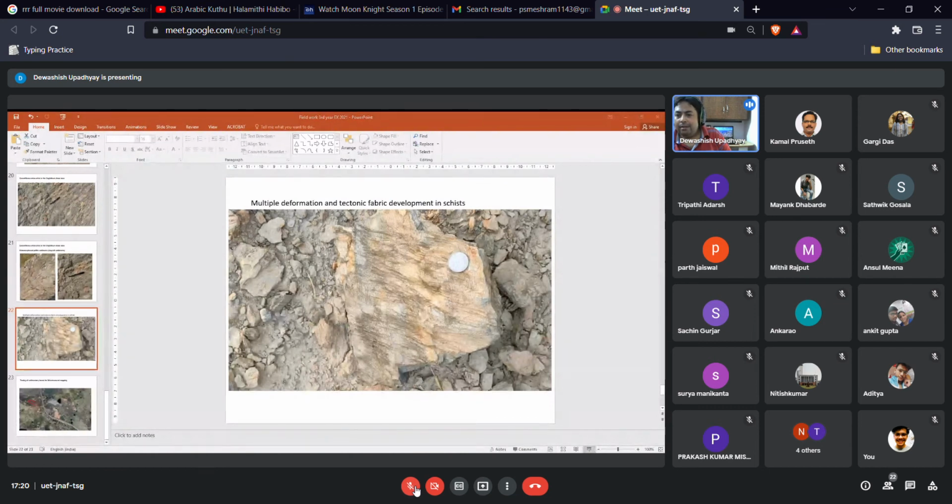In fact, if you look at many of these metasedimentary rocks, they have been deformed multiple times. It's not that they have been deformed once. You may not see the effects of the deformation everywhere. So when a metasedimentary rock gets deformed, you produce a secondary tectonic foliation, because the minerals align themselves perpendicular to the direction of the maximum stress.